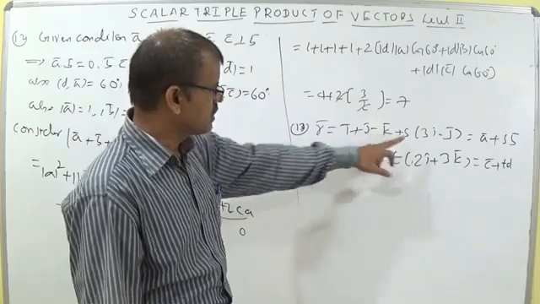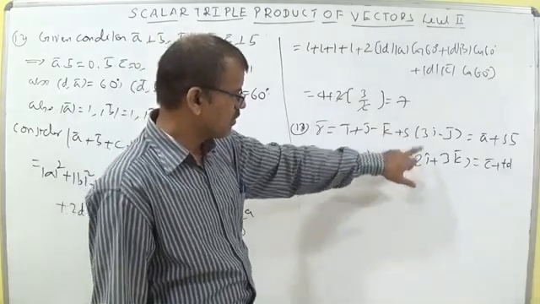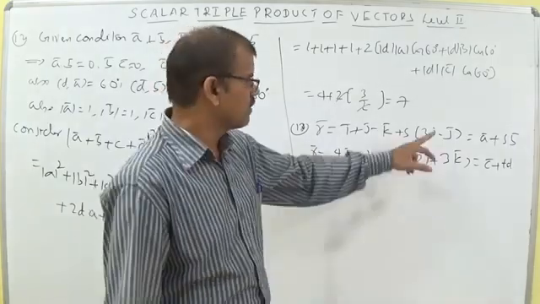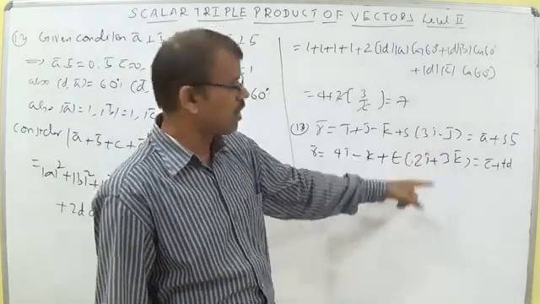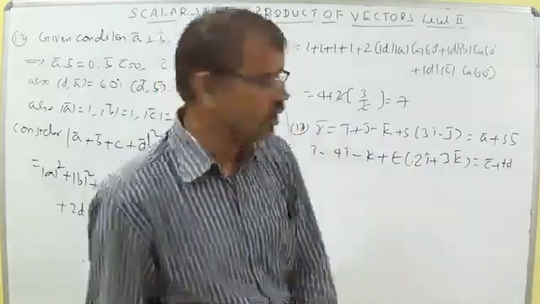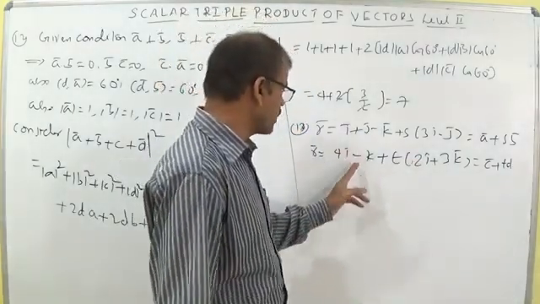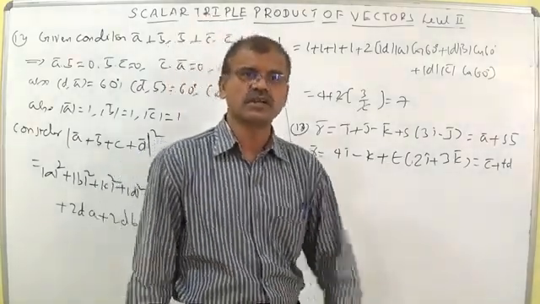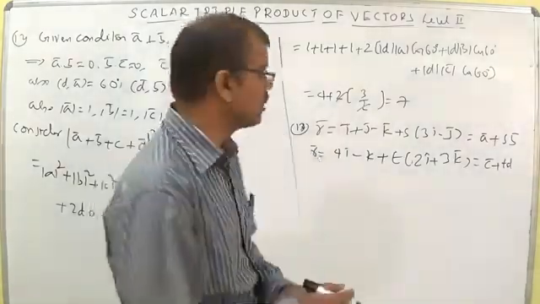Understood now? If the dot product of B and D is 0, it is perpendicular. If the cross product is 0, or the values are in proportion, they are parallel. If box A minus C, B, D is equal to 0, they intersect, and if not equal to 0, they are skew lines.